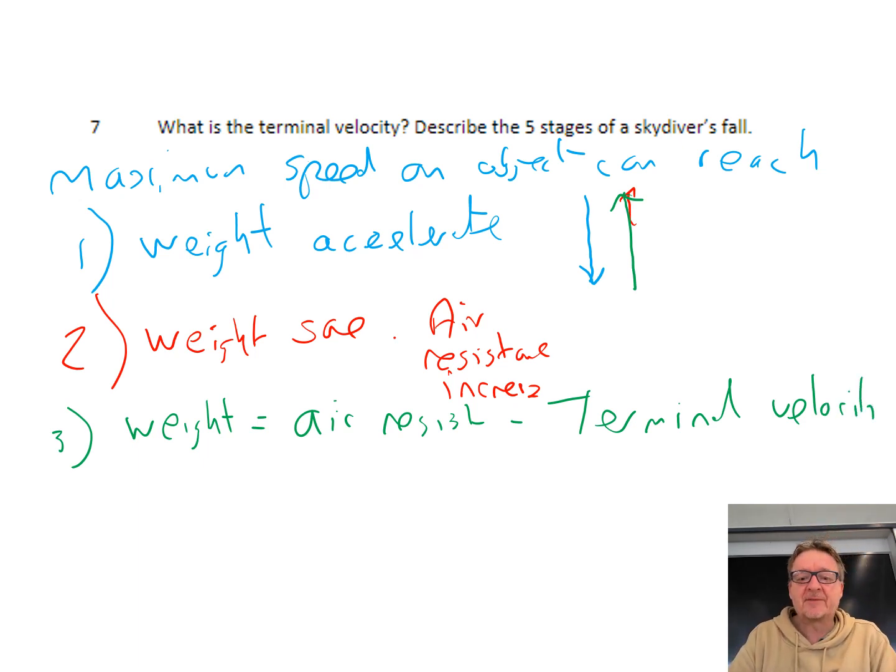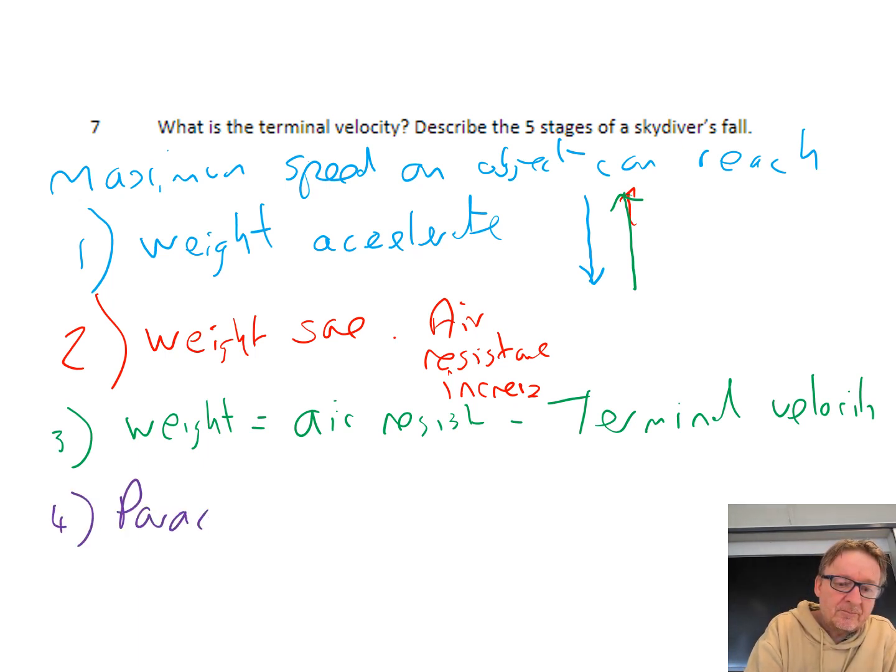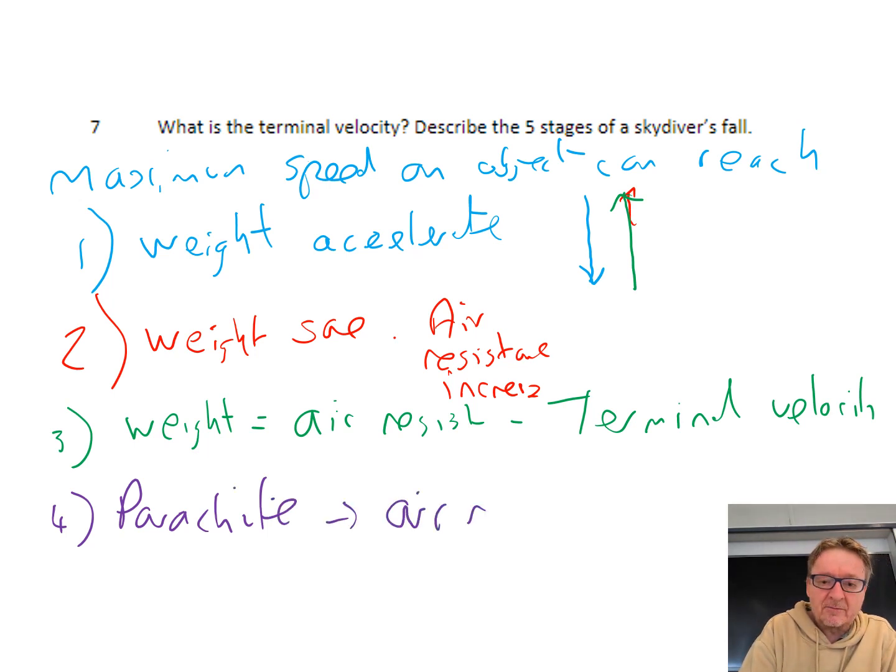If you wanted to be daft and put his arms in, then he'd start accelerating until he reached another terminal velocity. Then he opens his parachute, and all of a sudden there is a massive air resistance increase. So now the arrow is huge there.